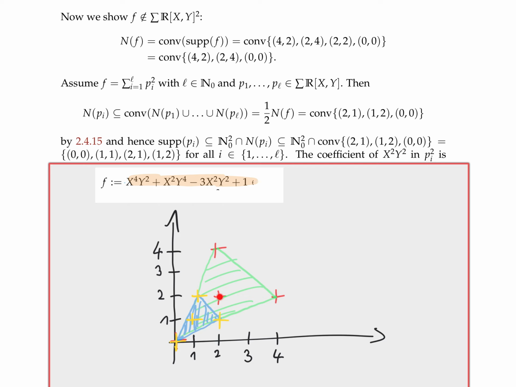If I expand p_i times p_i, then I multiply a monomial of p_i with a monomial of p_i. That corresponds to adding one of these yellow points to another one of these yellow points, right? And what possibilities are there of adding 2 yellow points so that I get this point (2,2)?